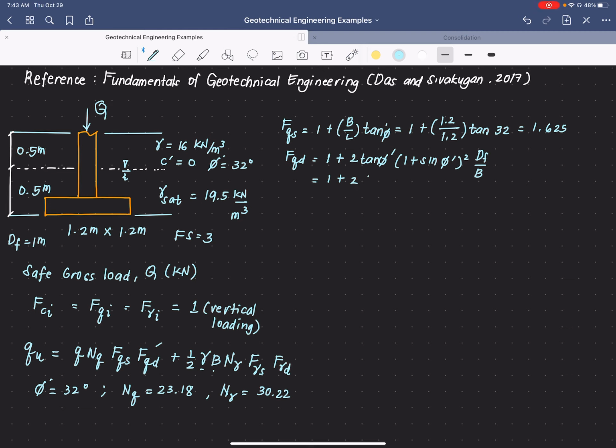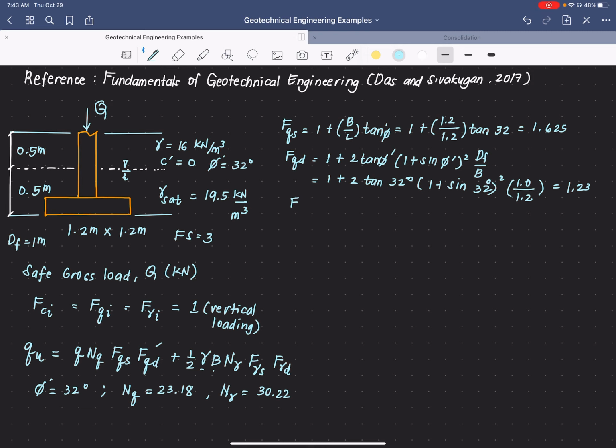Plus 2 tangent 32 degrees, 1 minus sine of 32, and this is squared, multiplied by our df, which is 1.0, divided by the width of the foundation, which is 1.2. And the F sub QD is calculated as 1.23.